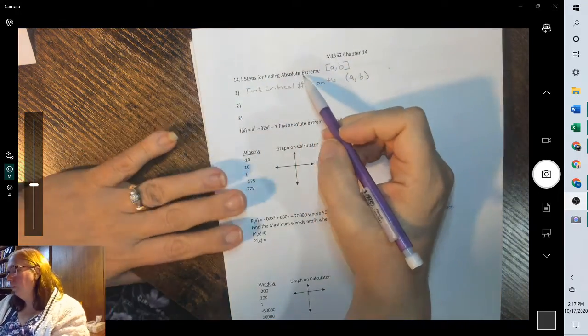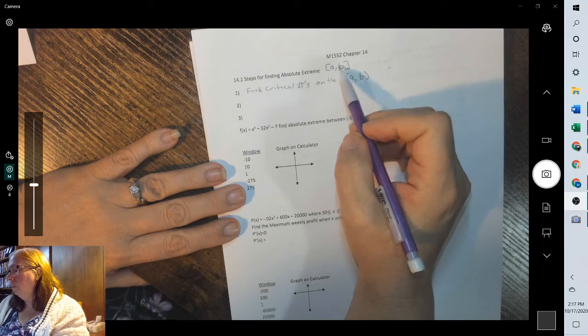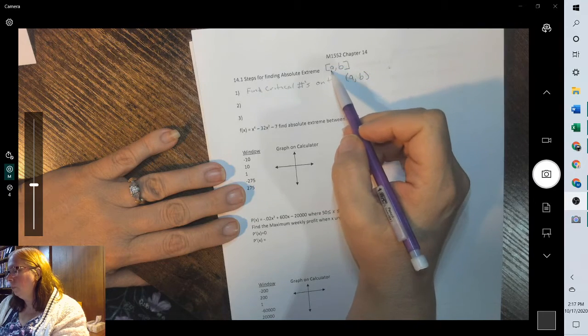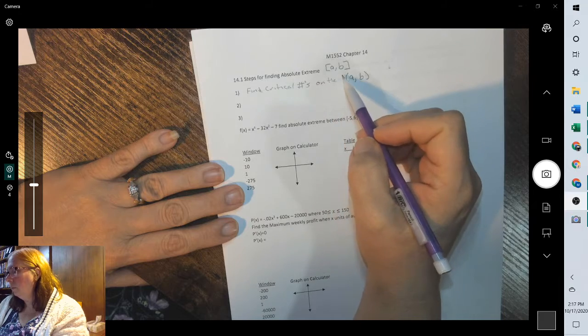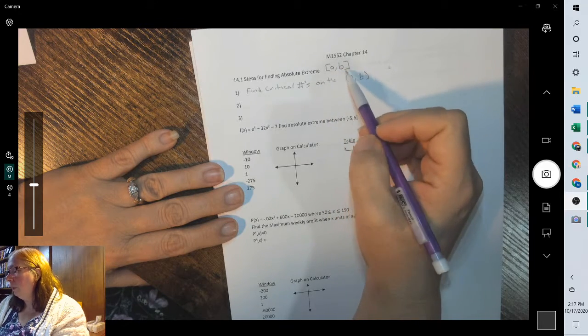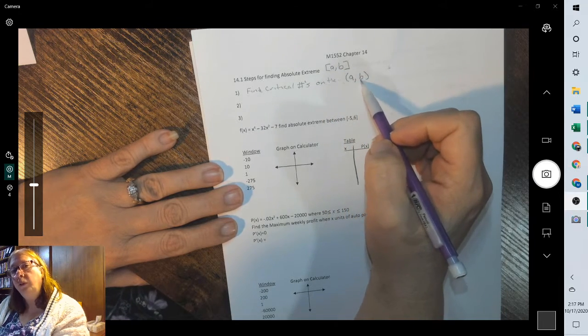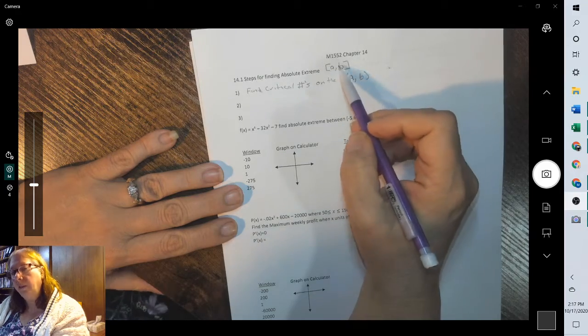So when you're looking for the maximum, you're usually given endpoints and you're including the endpoints. When you're finding the critical numbers, you're finding the critical numbers that are between those endpoints. You don't need to include endpoints because you already are here.